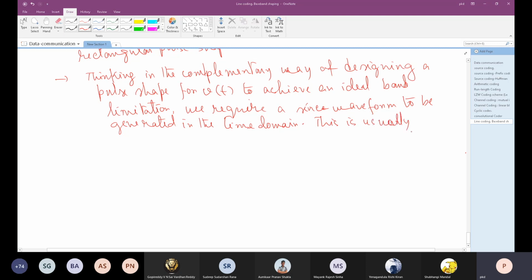This is usually approximated by a practical pulse shaping filter.